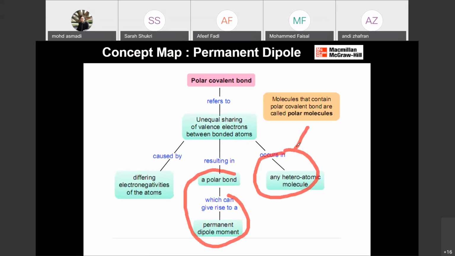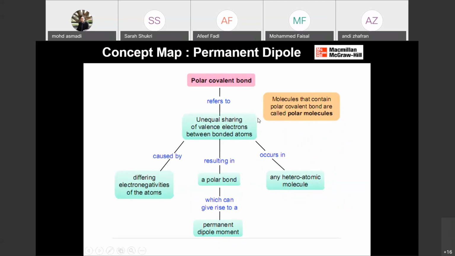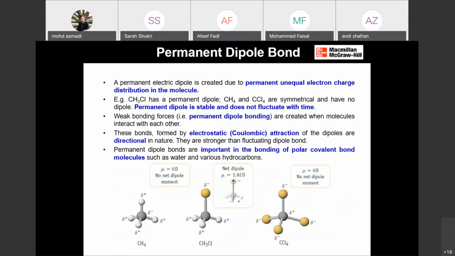For example, X as a leaving group, or oxygen, F, N with the hydrogen. So permanent dipoles are created due to unequal electron charge. CH3Cl has a permanent dipole, CH4 and CCl4 are symmetrical.